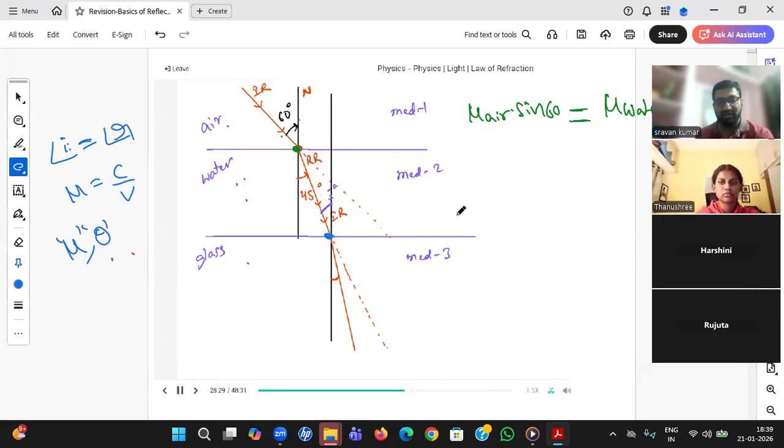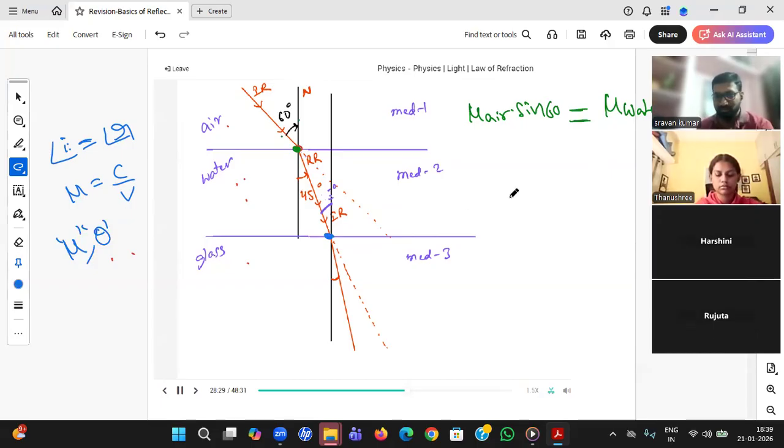Harshini, apply Snell's law over here. Are you there? Yes, sir. Where is the light coming from at this junction?